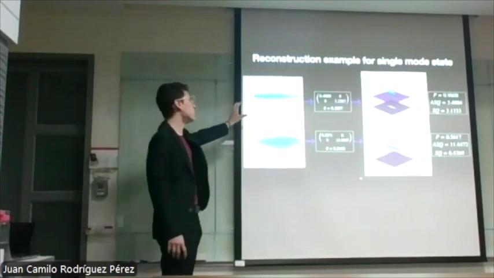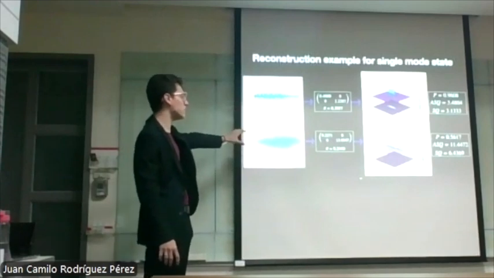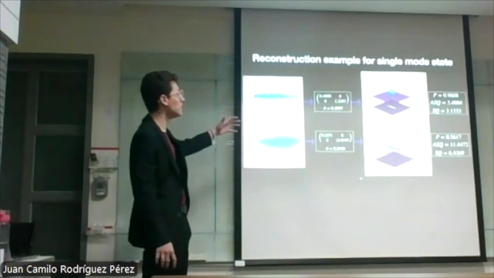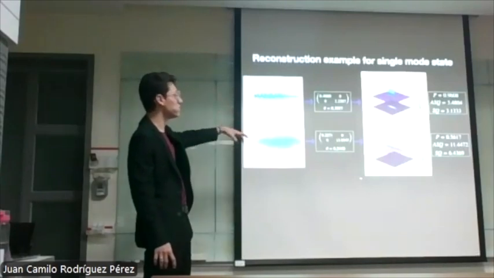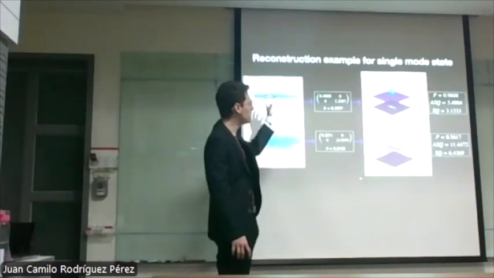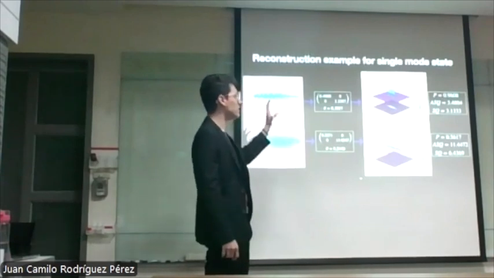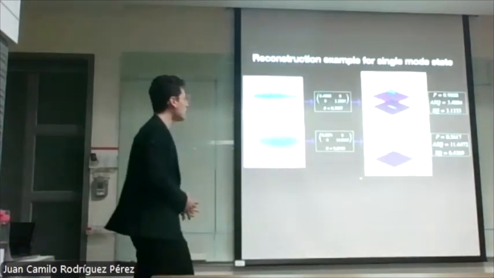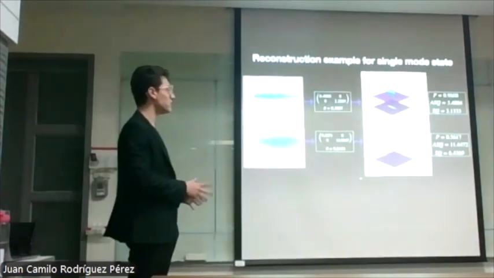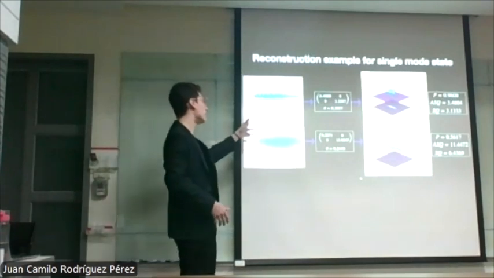And here I just have two experimental reconstructions of the experimental realizations of the squeezed states. This is a low squeezing level state, and this is a high squeezing level state. What I can say here is that with my experimental measurement, I can perform an estimation over the covariance matrix and the phase angle, and with this I can reconstruct the Wigner function and get some information like purity, squeezing, and disqueezing. And also something additional that this can do that the other methods cannot perform is the estimation over the angle.